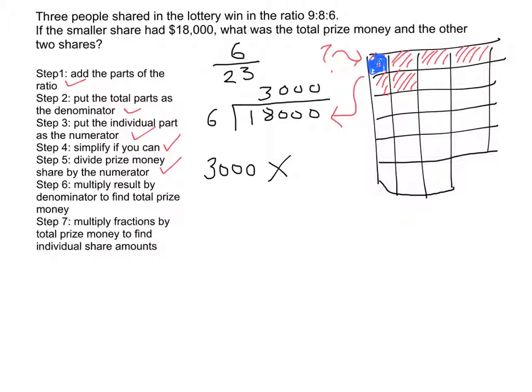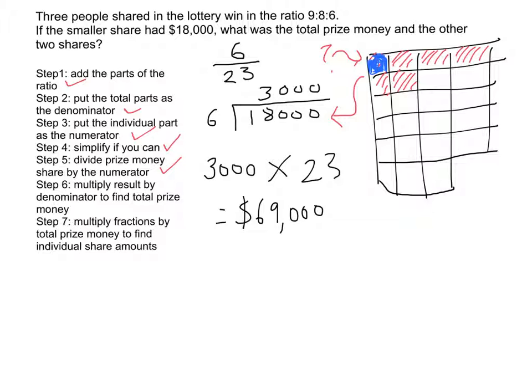And we multiply that by the denominator, which is 23, and we know why. I explained it over here. Okay, so when we multiply the 3,000 by 23, we get the number $69,000.